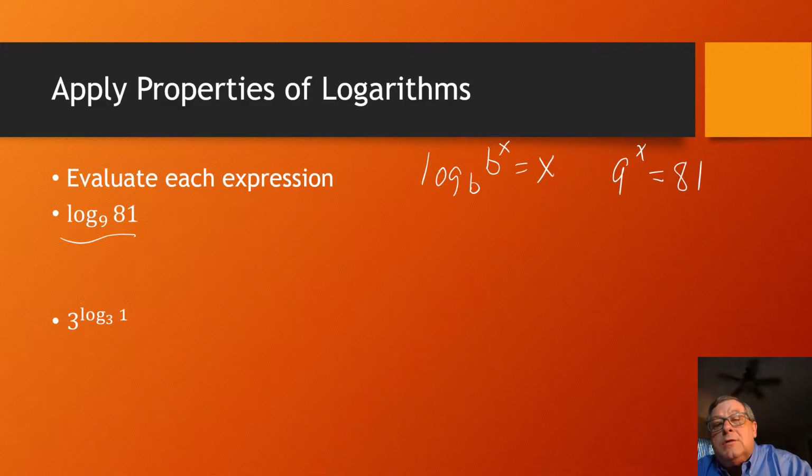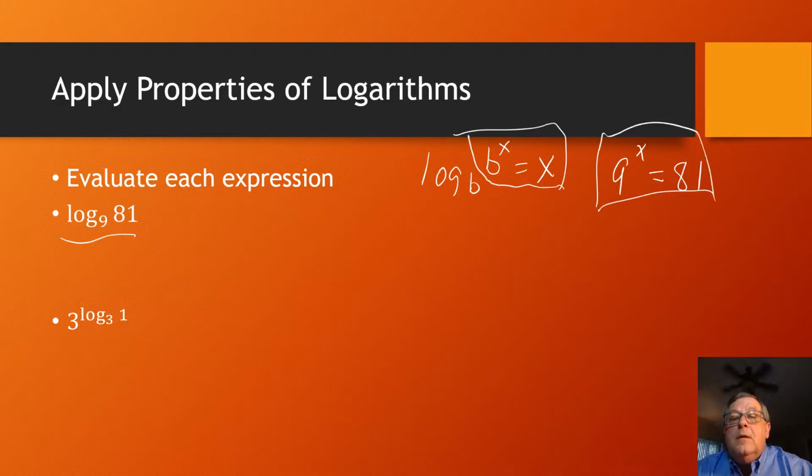Now, look how close this looks to this exponential form right here. And as far as evaluating that, if I'm looking at 9 raised to what power equals 81, what would that power be? Well, it would be 9 squared, because 9 squared equals 81.